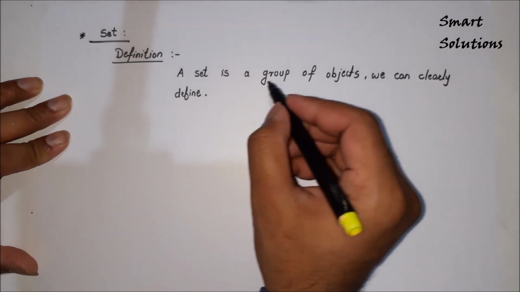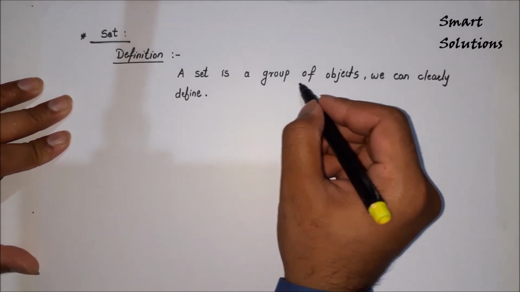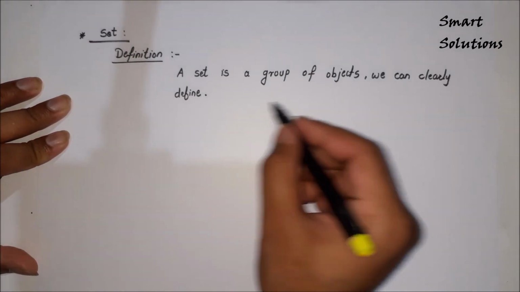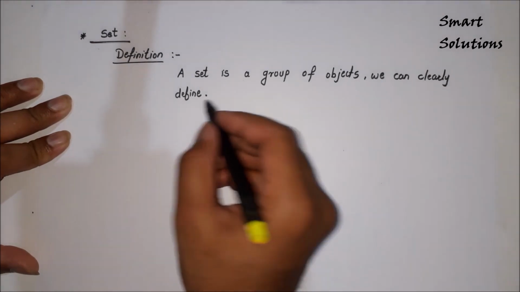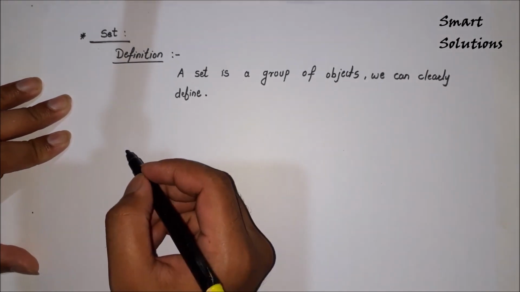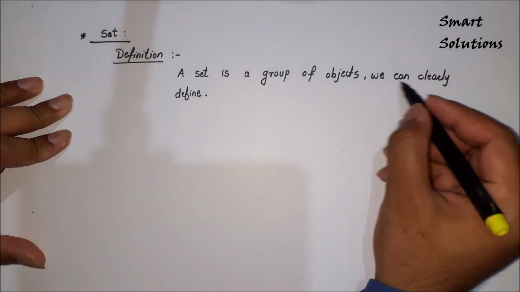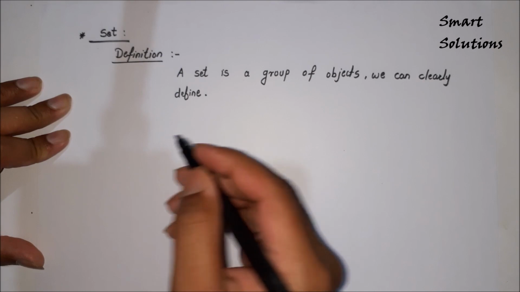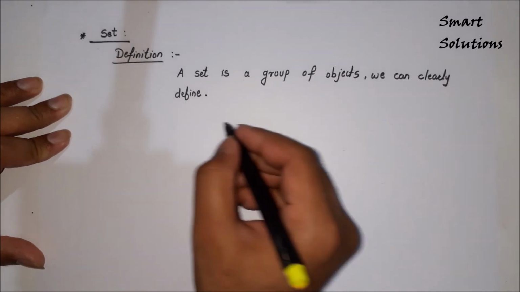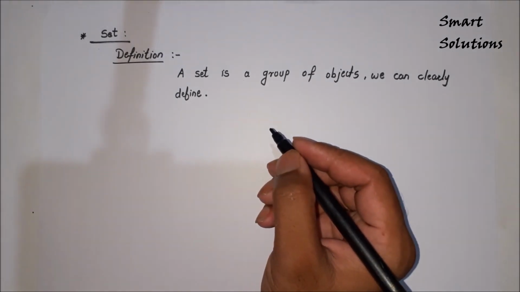We all know that there could be a large number of groups of objects, and when we say that we can clearly define them, what does it actually mean? By we can clearly define it, it means that a group can have a large number of characteristics.